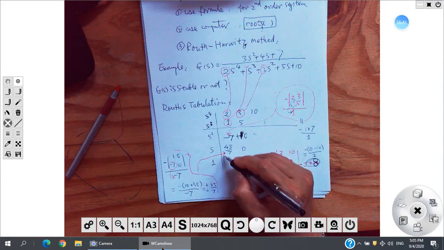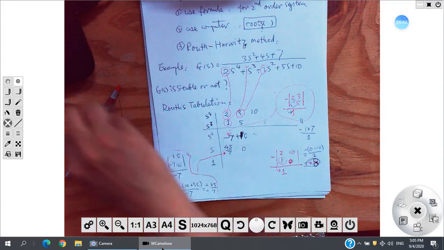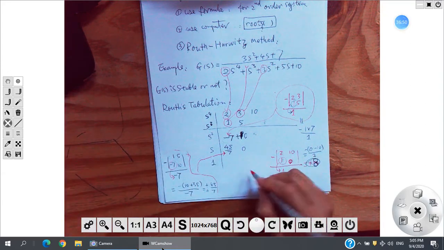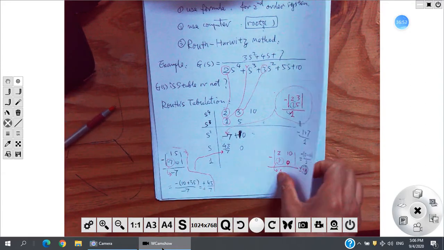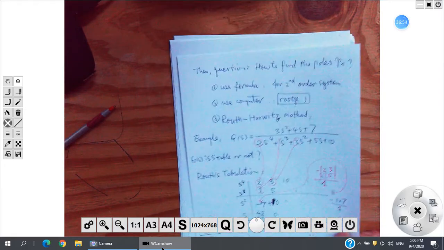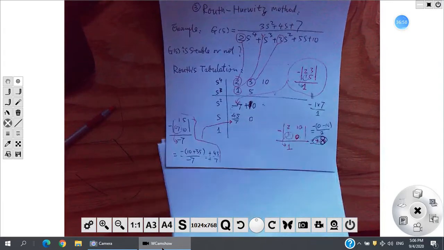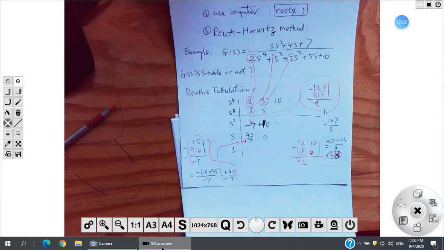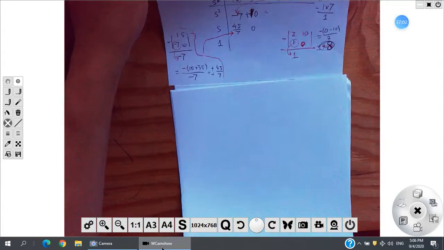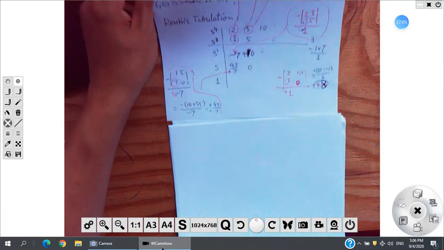Alright. Then we calculate the next number. Still the same thing, we use this matrix. This time, let me use a different paper. Have the table here.